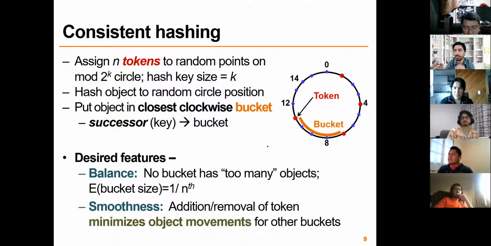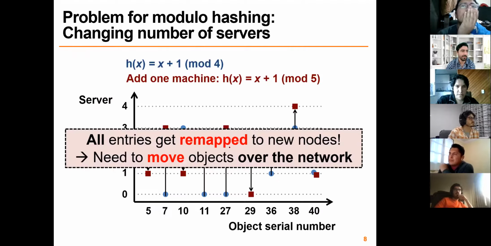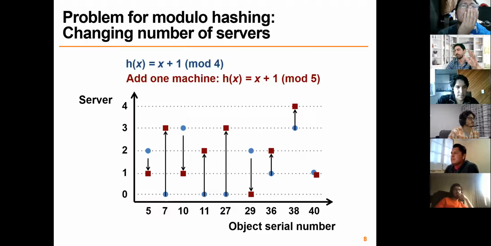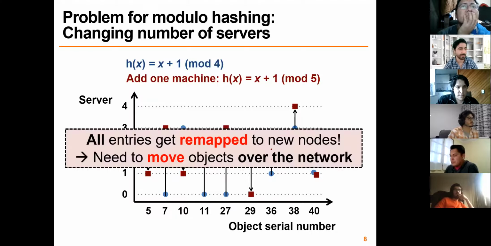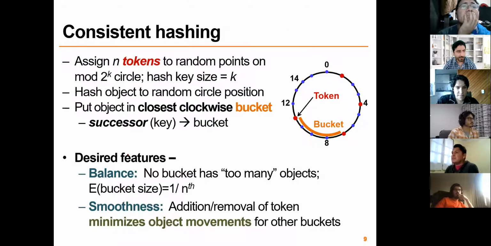You want all the nodes to have a certain amount of load, not most of the load going to one node while the other nodes are underutilized. You also want addition and removal of tokens to be smooth. You want to minimize object movement for other buckets, because you don't want this case to happen, where when you add new nodes you have to start shifting all the data all over your distributed system. So these are the desired features.